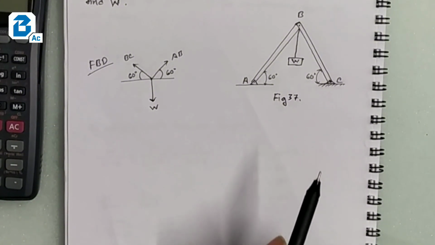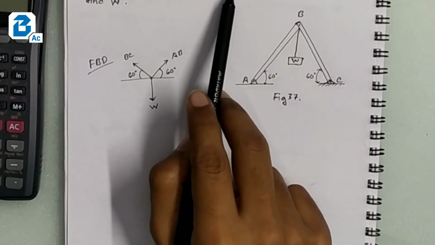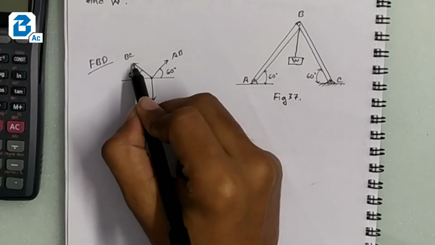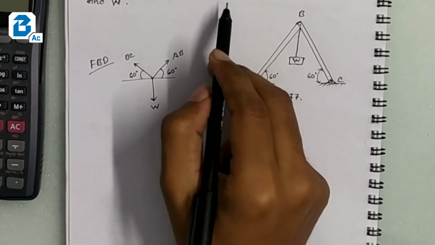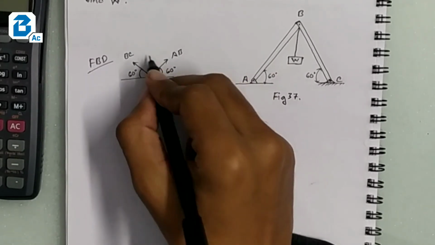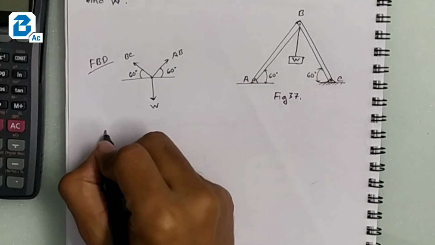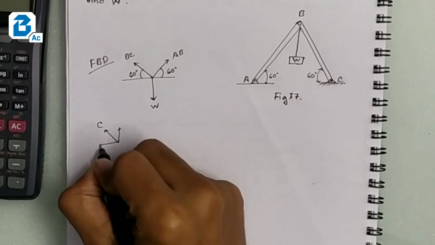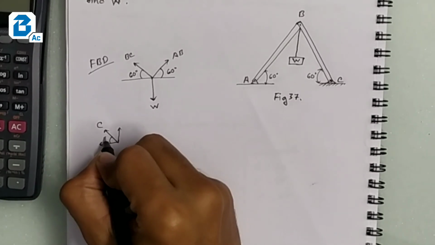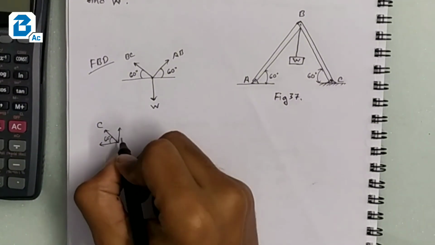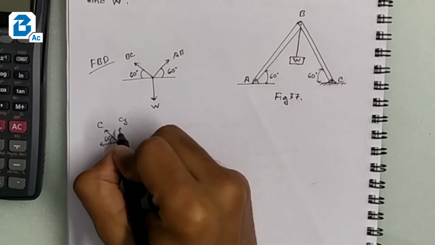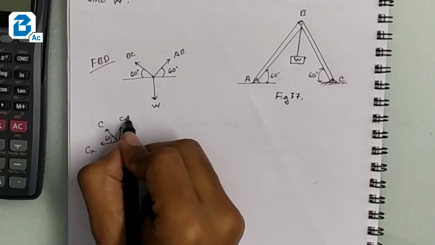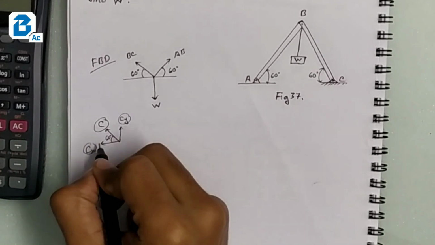Now here we get C, CX and CY, so we have this force divided into two components. So we can show it in another way, like this one, that we are finding C, but it is divided into two parts. Here it is 60 degree, and we get at y axis, or CY, this way and CX this way. So we have to use these two components to find the C.